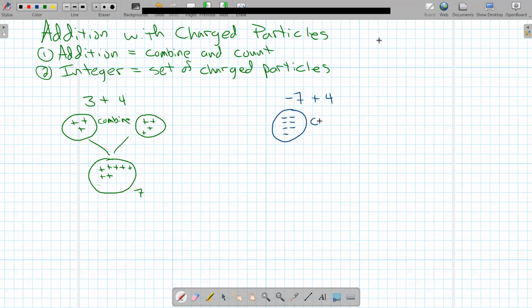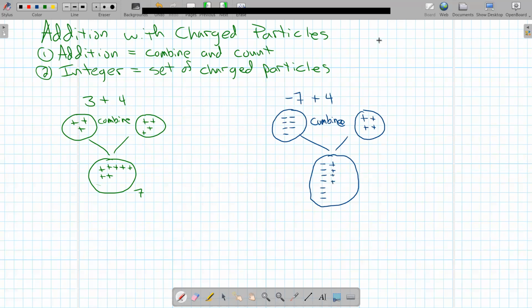And I want to combine that with a set of 4. 1, 2, 3, 4. And so I'm going to combine them into this bigger set. And let's list the 7 vertically. 1, 2, 3, 4, 5, 6, 7. 1, 2, 3, 4. So there's the combination.